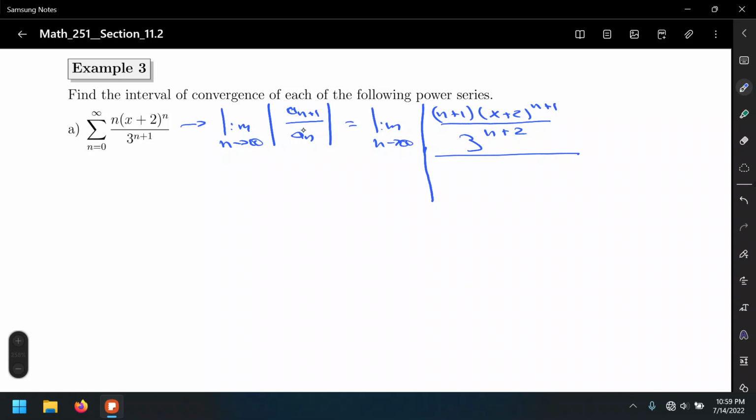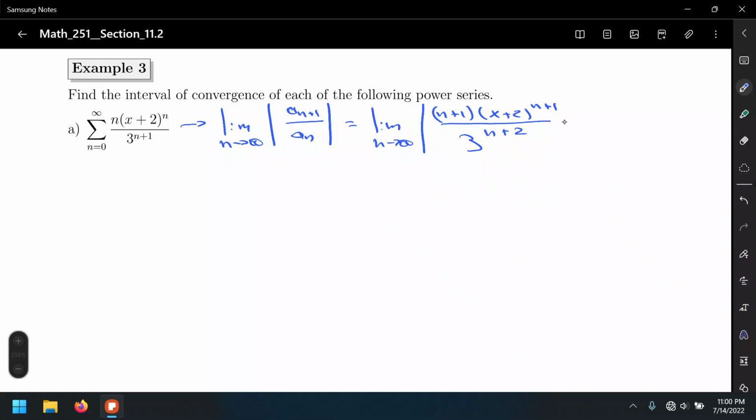And divided by a sub n, where a sub n is just the original, n times x plus 2 to the n over 3 to the n plus 1. You could write it like this, which is fine. However, I would recommend you do this so you don't spend too many steps.